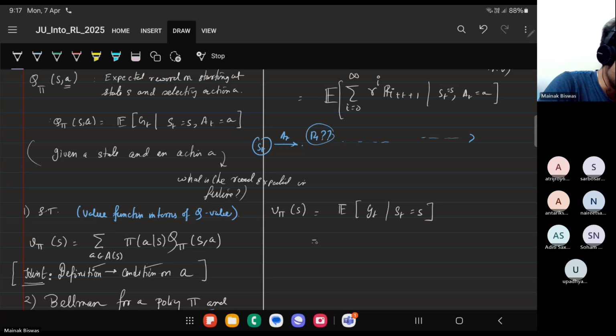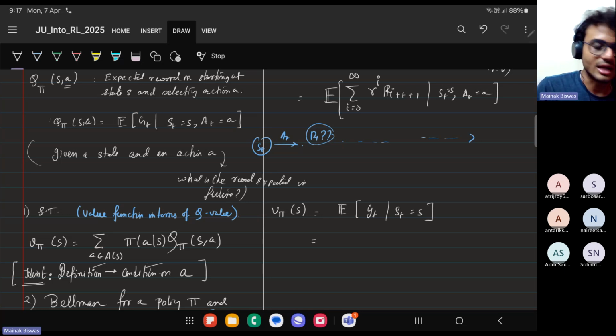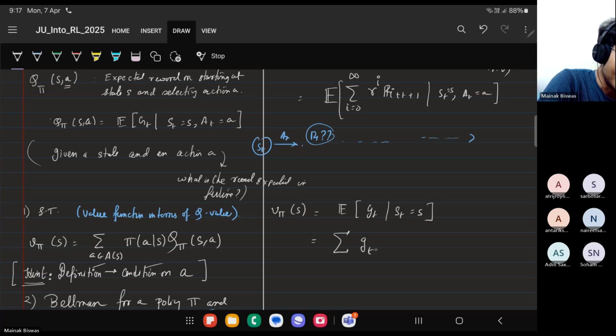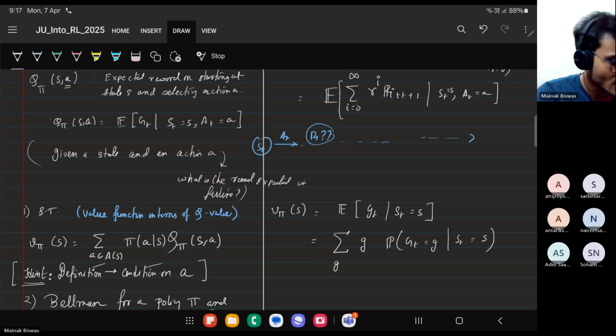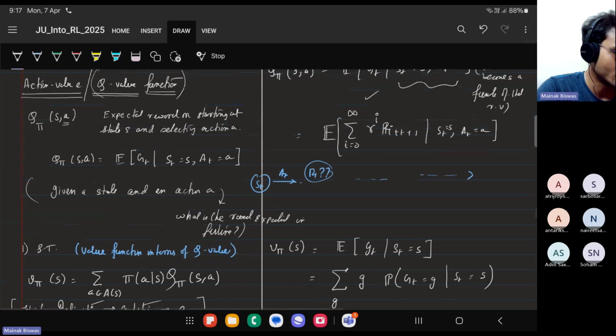As Antariksh was telling me, we can do it by using the law of the unconscious statistician, LOTUS. So say GT be the set of all rewards possible. So GT equal to G over all G's given ST is equal to S. So now what I have to do is I have to introduce what? So remember, the Q function depends both on the state and the action.